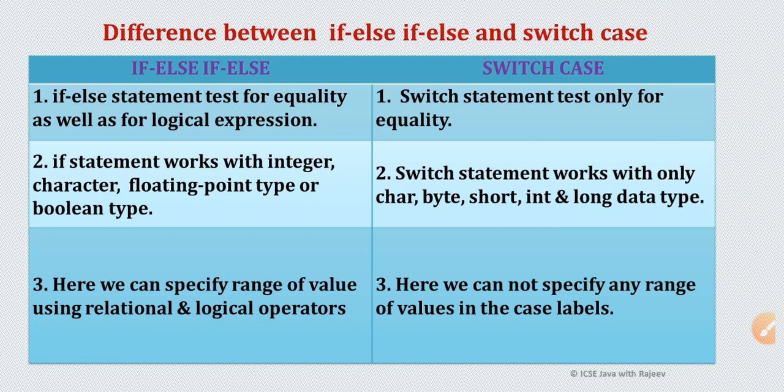Like this you can specify a range in if else if using a relational or logical operator. But in switch case we can't specify any range like if else. So this is also one of the differences between these two.